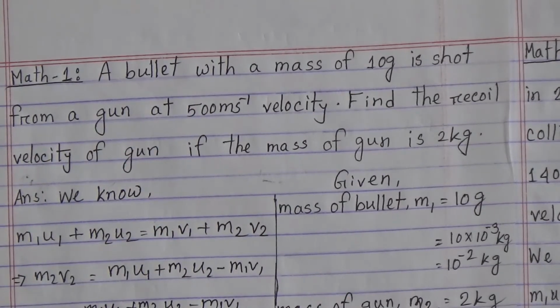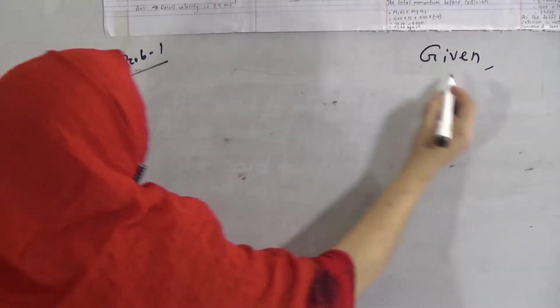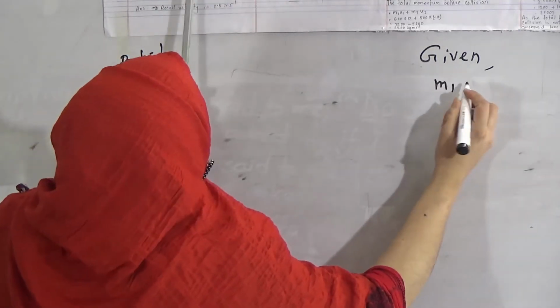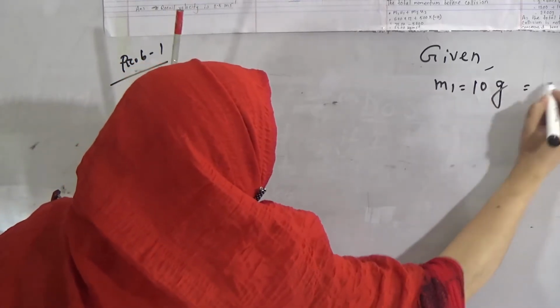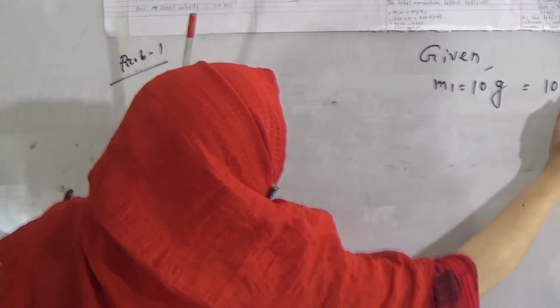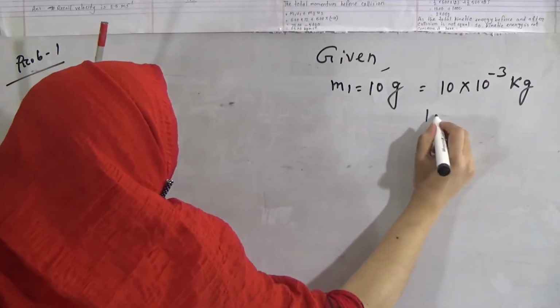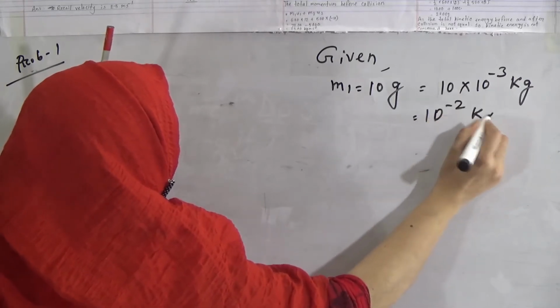Now do this calculation. Problem number 1, here given the mass of the bullet m1 is 10 gram, so we have to convert this gram into kg, that means we have to divide by 1000. 10 into 10 to the power minus 3, that means 10 to the power minus 2 kg.